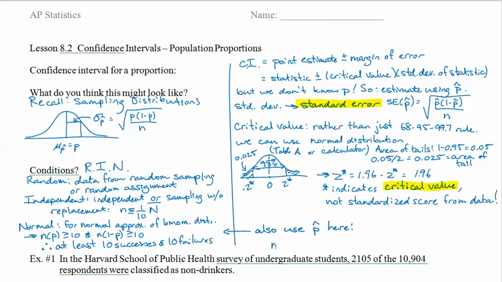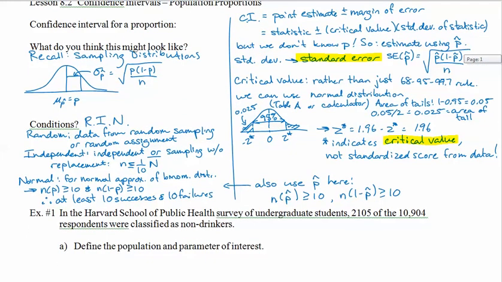So for our normal condition check, it's going to be n times the sample proportion greater than or equal to 10, and n times 1 minus sample proportion greater than or equal to 10. In other words, the frequency of our successes has to be at least 10, and so does the frequency of failures. All right, let's have a look at an example.